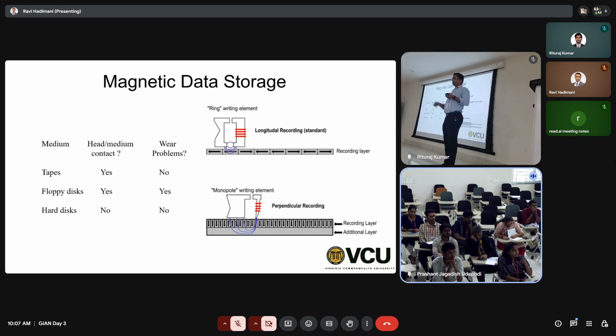There is write head, read head, and the tape. So there are 3 things in any data storage. One is the writer, the other one is the reader, and the other one is the media. That's the same thing in hard disk as well. Hard disk or floppy or tape, you have the same thing.